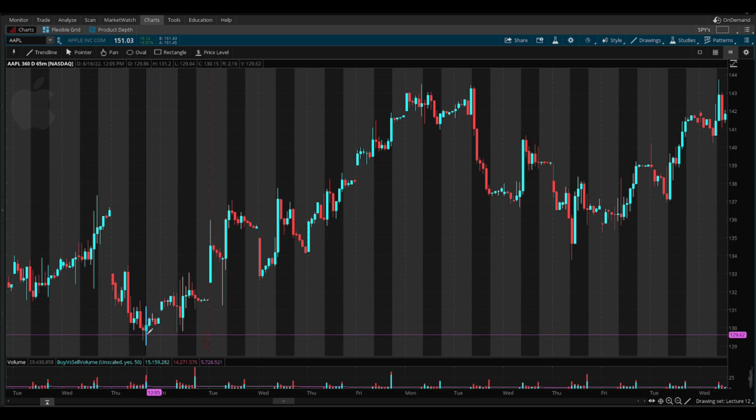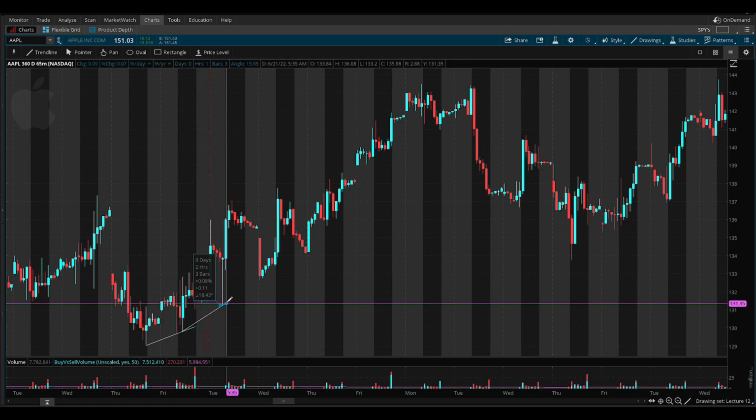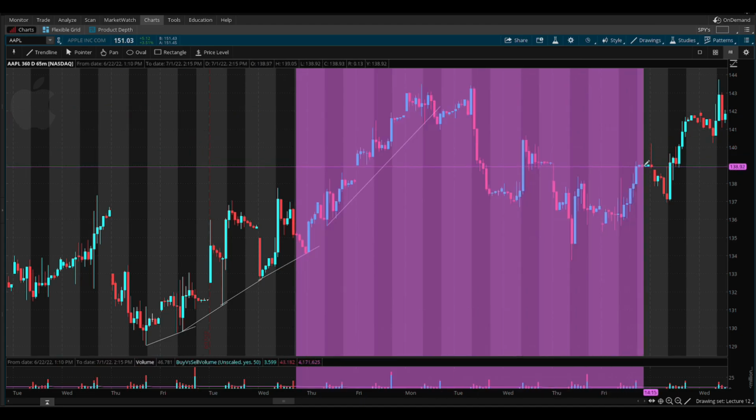So this is something really important, and I'm going to go over this a lot. Higher lows, higher low, higher low. Guys, this is important. Pay attention to this. What's about to happen here? Higher lows. If I really wanted to, I can even show you guys. Higher lows, higher lows, higher lows. But look at this.